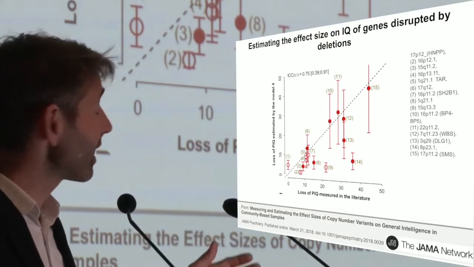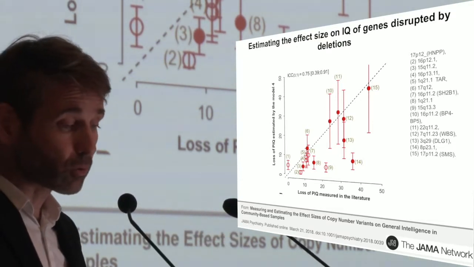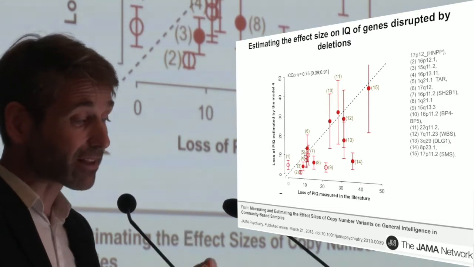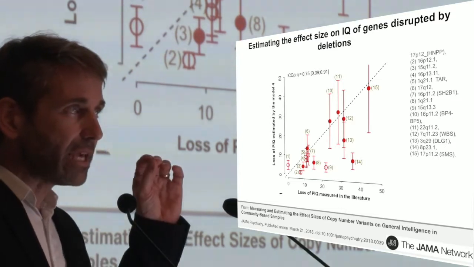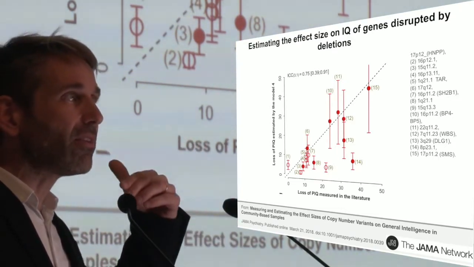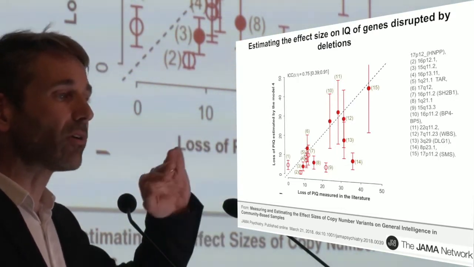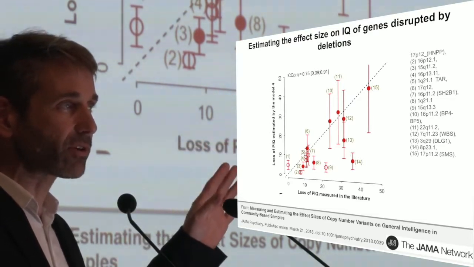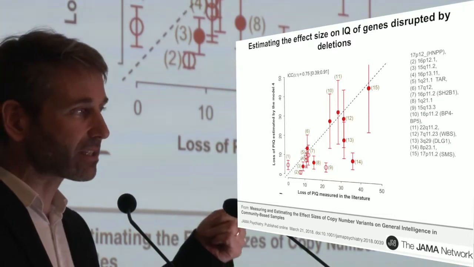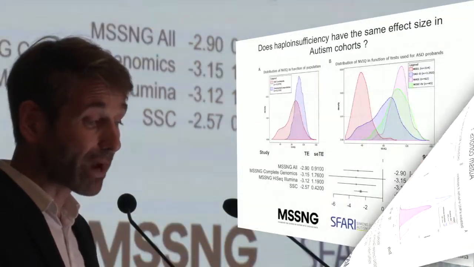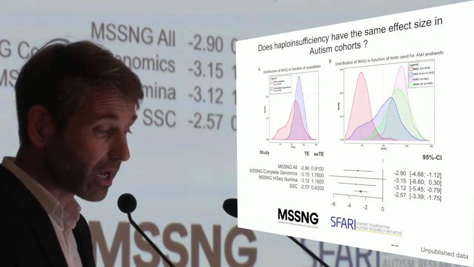It also tells you that the 22q11.2 takes out, I can't remember exactly, 30 points or something like that, which is exactly what it does. So by observing the impact on IQ of a variety of different CNVs in the general population, this model can predict and estimate very accurately what pathogenic CNVs do in the clinic.